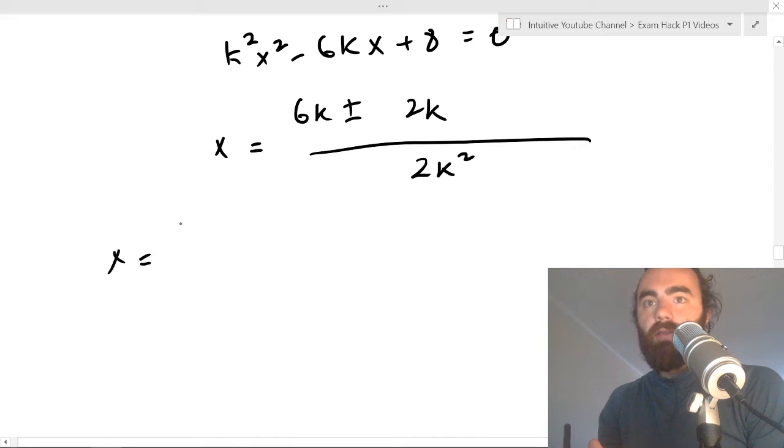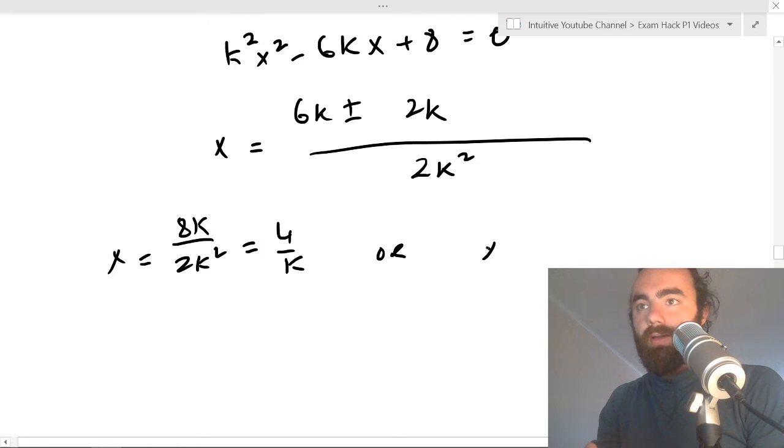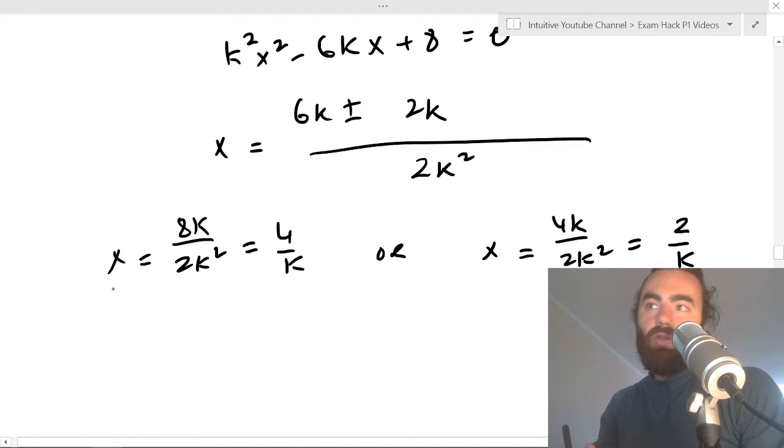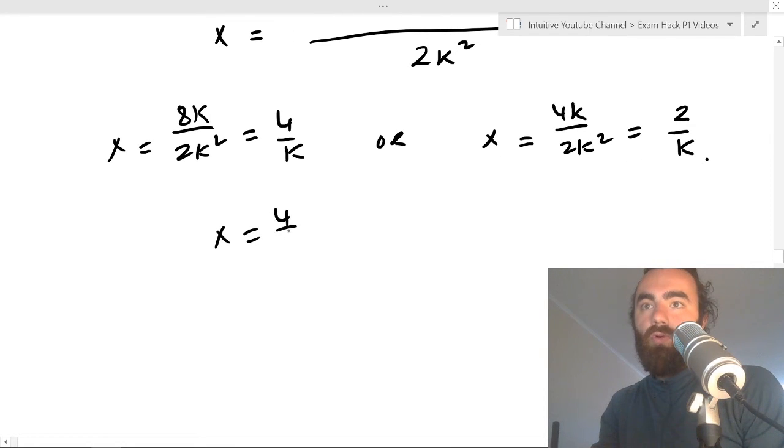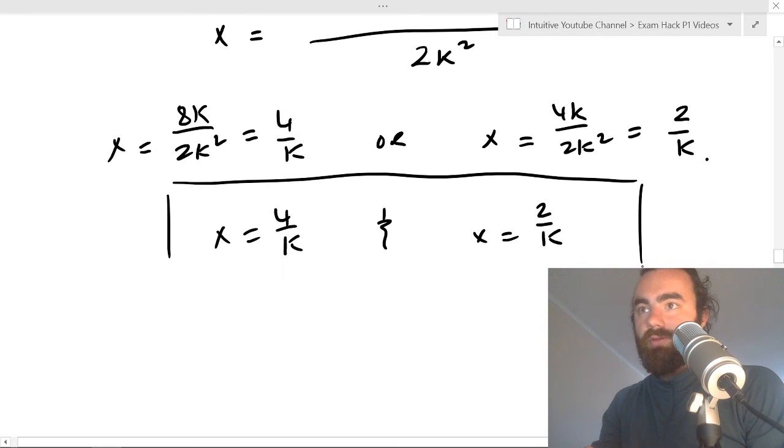So our x is either 8k over 2k squared, which is 4 over k, or our x is equal to 4k over 2k squared, which is 2 over k. So our stationary points occur at x equals 4 over k and x equals 2 over k.